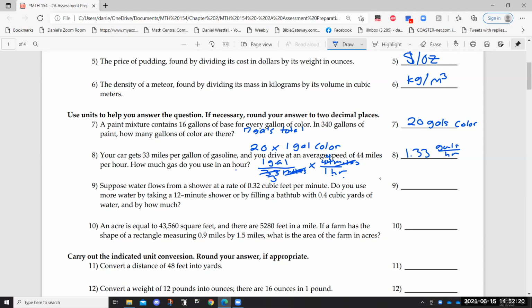Suppose that water flows from a shower at a rate of 3,200 cubic feet per minute. Do you use more water taking a 12-minute shower or by filling the bathtub with 4/10 of a cubic yard of water? Well, let's take these cubic feet, 0.32 cubic feet per minute times 12 minutes.